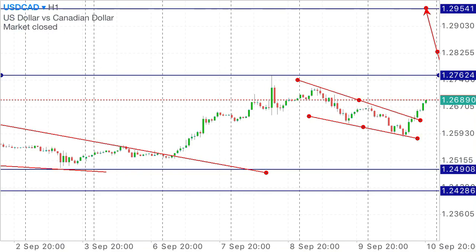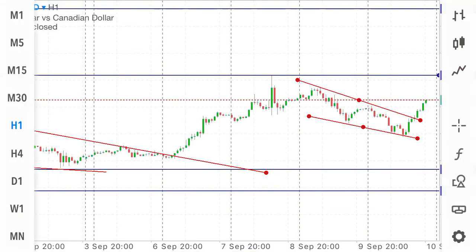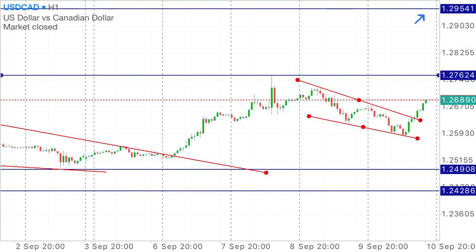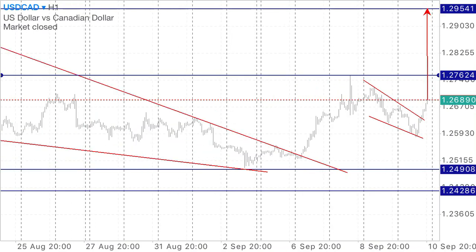We have this trend line breakout over here. So this is the continuation pattern. So meaning when the market opens, I will be looking for buy opportunities. I will be looking for what? I will be looking for buy opportunities up until 1,29541. So meaning on USDCAD I'm bullish.